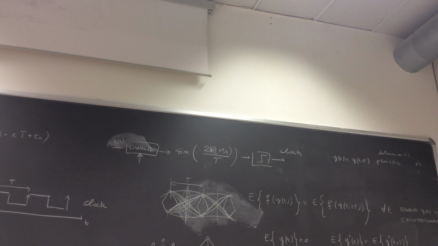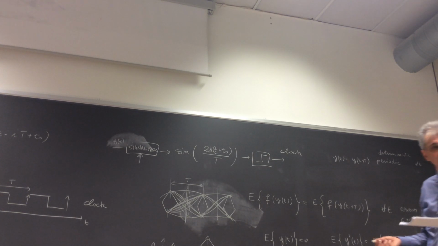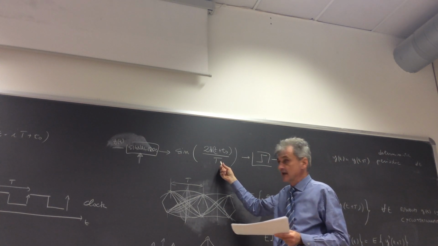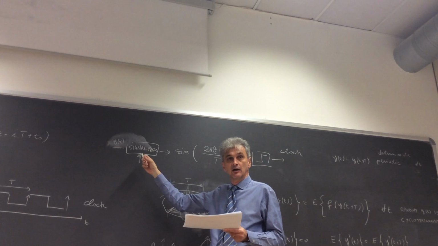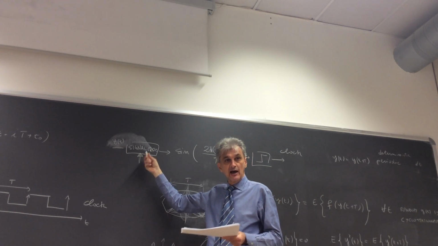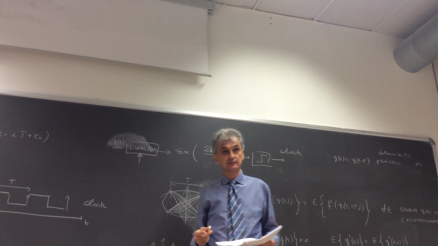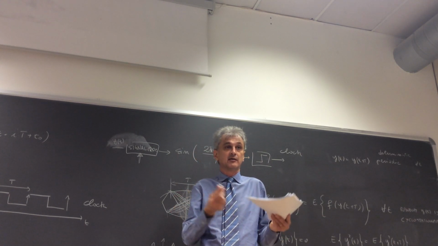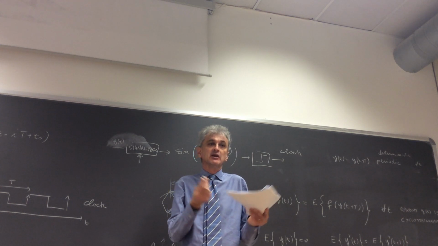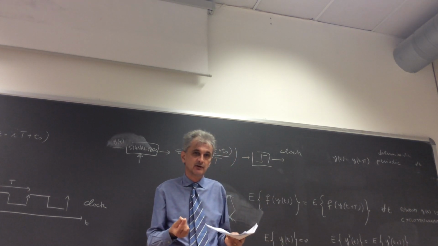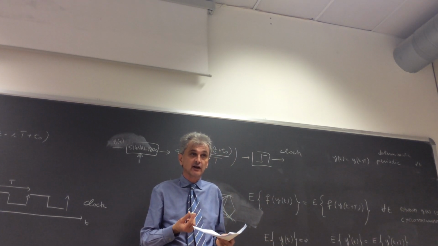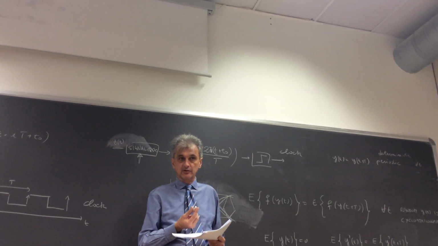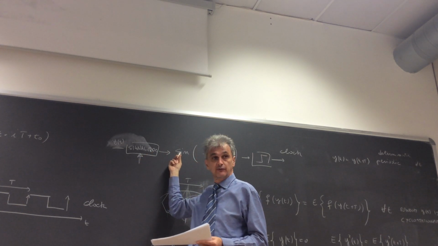Well, it contains a sinusoid at frequency 1 over T, which is exactly what we are looking for. So basically what I'm saying is make the square and take the mean. That is, put a low-pass filter. Because usually taking a mean in practice means putting a low-pass filter. At the output of the low-pass filter, you will find the sinusoid of period capital T, which is exactly what we are looking for.